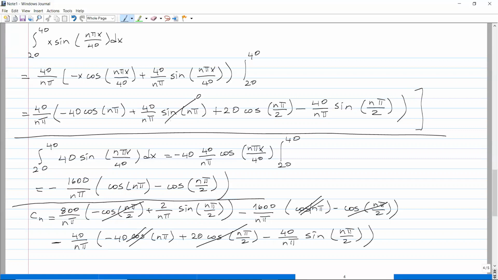And the coefficient here is 1600 over n squared pi squared. And same thing here, 1600. Okay, 3200.